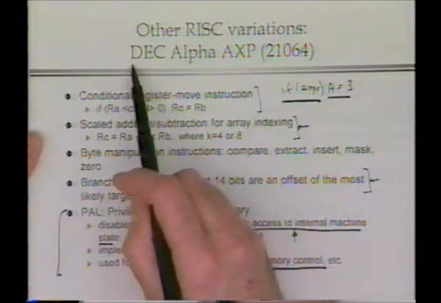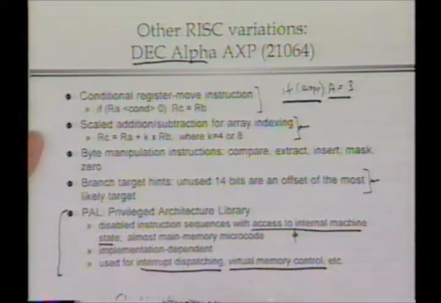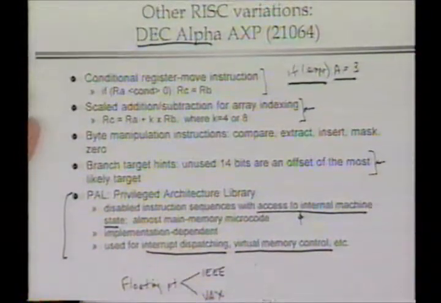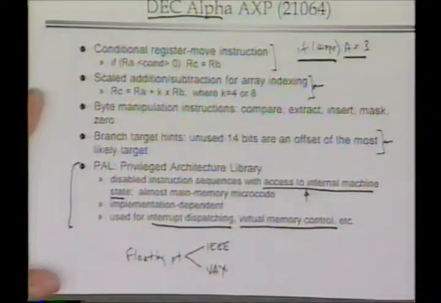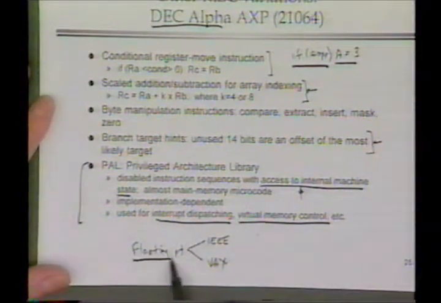Another feature of the DEC alpha, incidentally, is that for compatibility, they support both the IEEE floating point format and the VAX floating point format. Much as the 8086 architecture was influenced by having to be compatible with older machines, the DEC alpha was as well, and has to institutionalize and support as part of its instruction set both floating point formats.